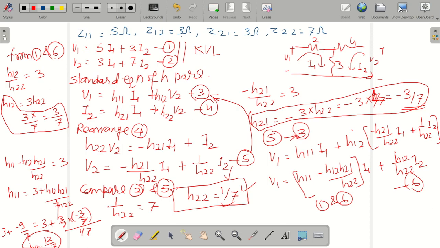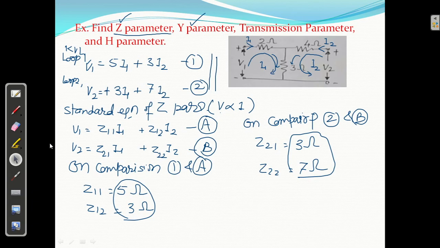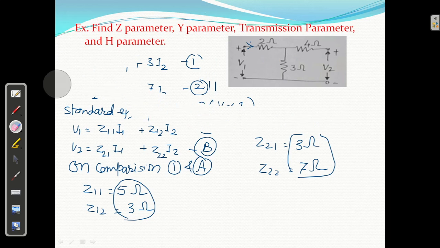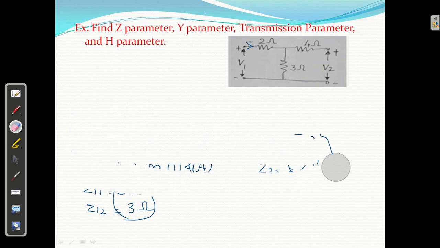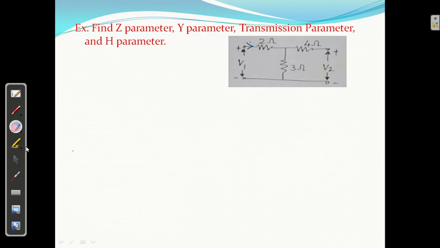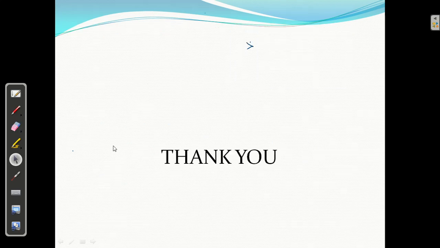Okay, I'm stopping here only because I have solved one same problem and we got all four parameters: Z parameter, Y parameter, transmission parameter, and hybrid parameter, right?